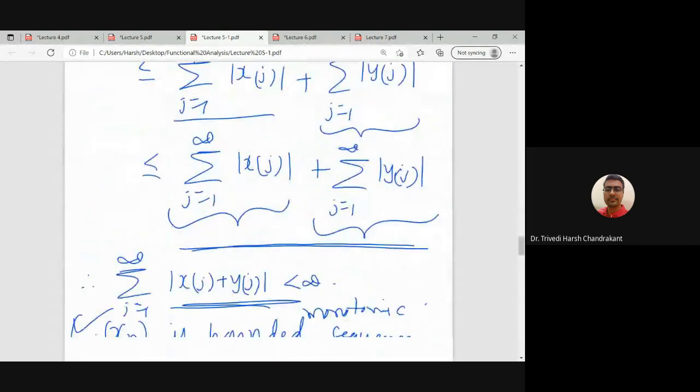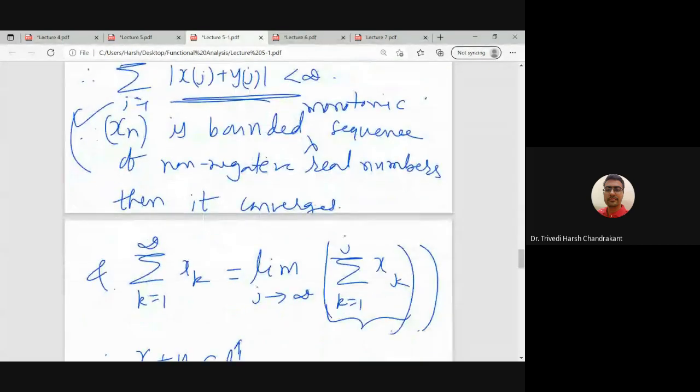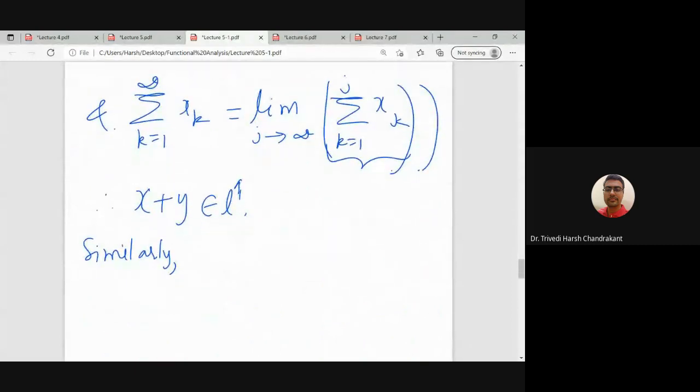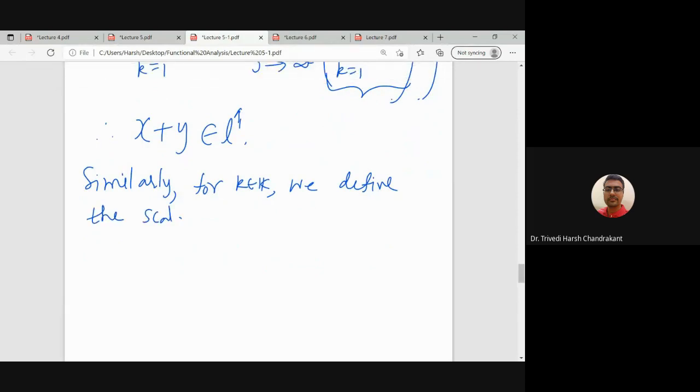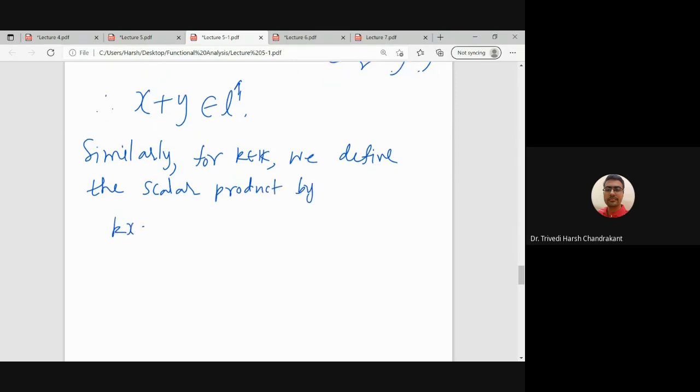Now let us define the scalar product. Similarly, for k belonging to the field K, we define the scalar product k times x, which is (k x1, k x2, and so on).